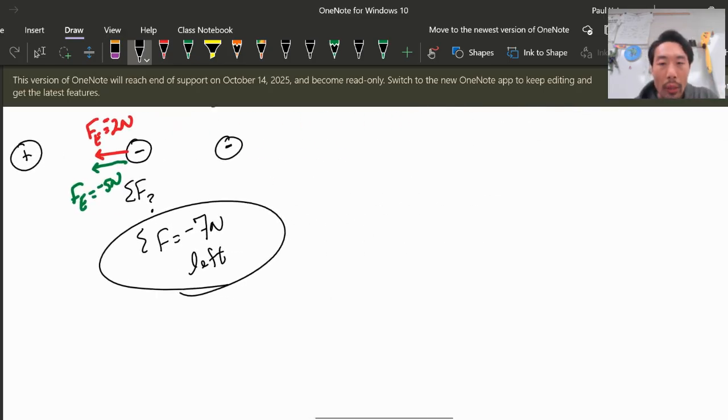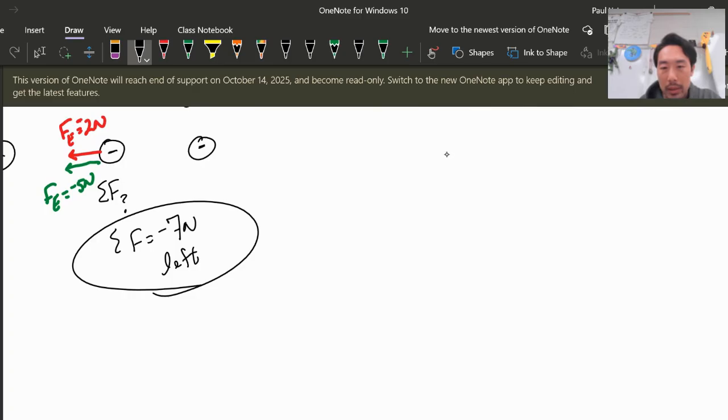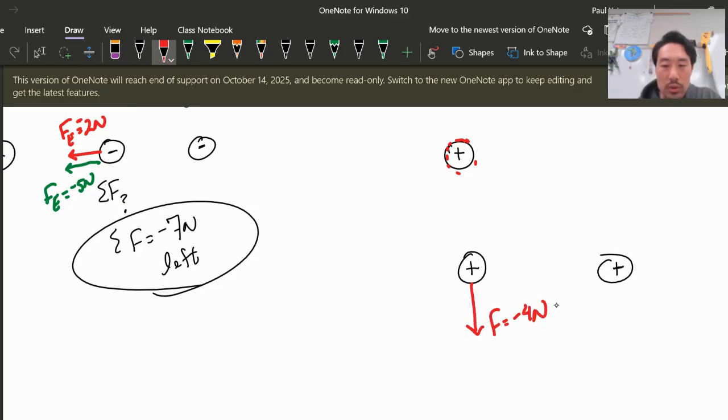Another common thing that they might ask you to do is a system of 3 charges, kind of like this. We'll just make it 3 positive charges like so. And let's say this top one exerts a force on this bottom one with a force of, I don't know, negative 4 newtons. And we can say that this charge over here exerts a force on this positive charge, let's say over here, negative 3 newtons.